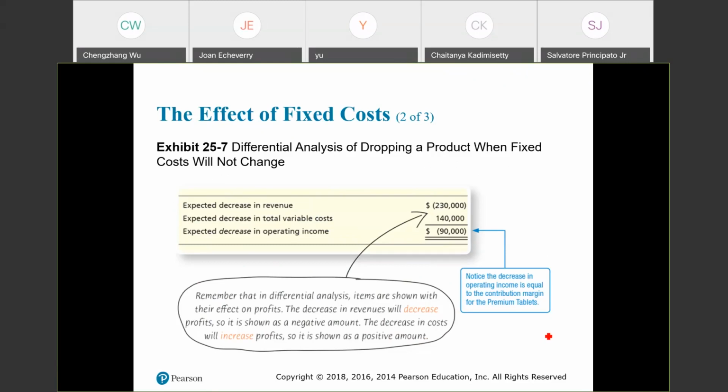Fixed costs that will continue to exist even after a product is dropped are often called unavoidable fixed costs. Unavoidable fixed costs are irrelevant to the decision because they will not change if the company drops one type of product.